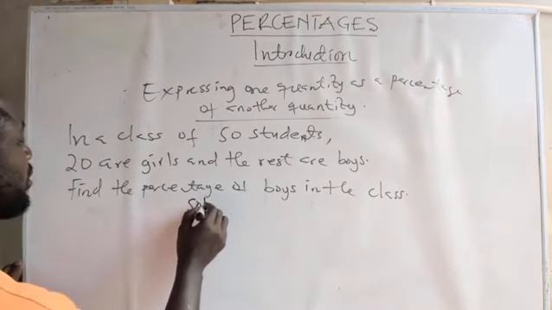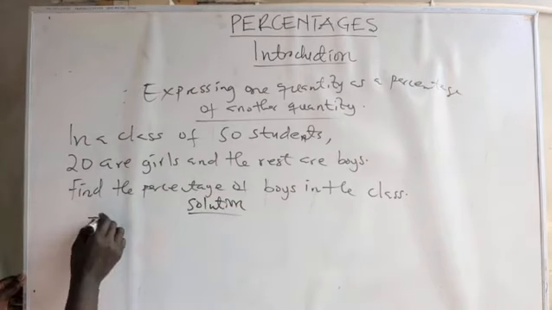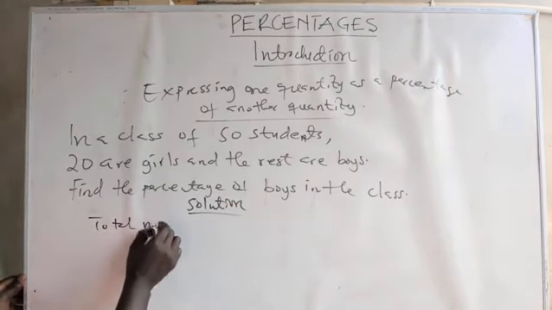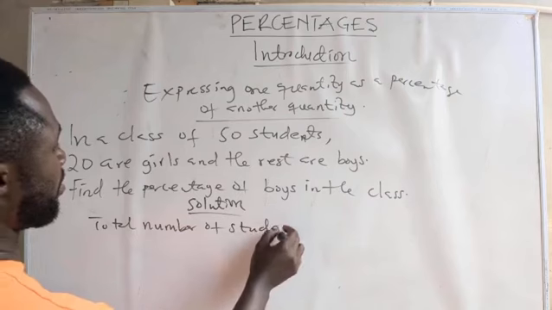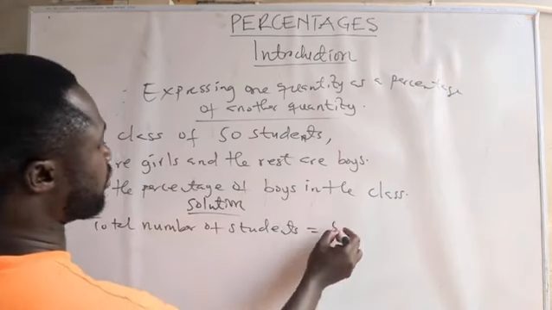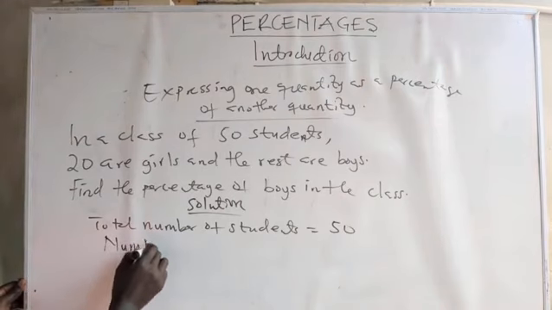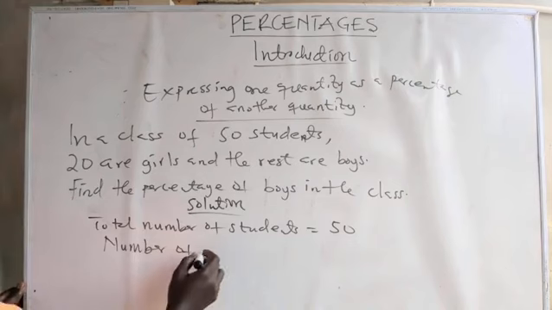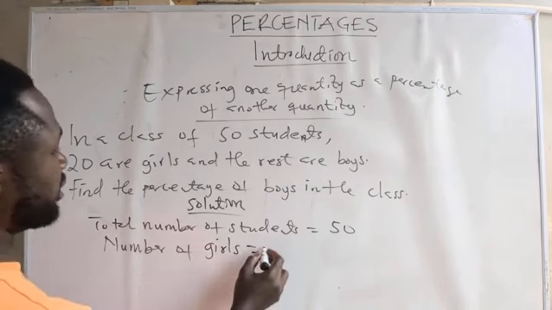Okay. So let's see how we find the percentage of boys. How many students? Total number of students is 50. Number of girls is 20.